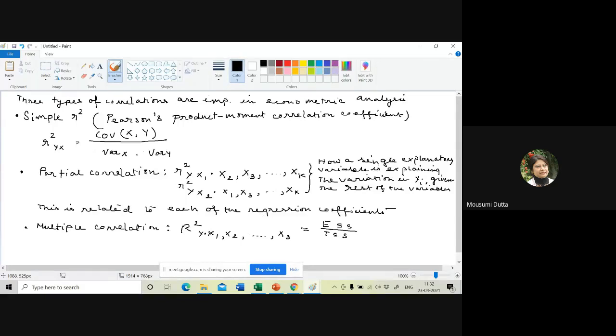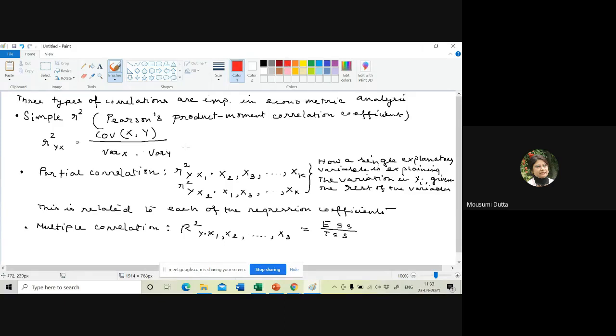While defining R square yx, I am considering a two-variable model, with y as the explained or study variable and x as the explanatory variable.